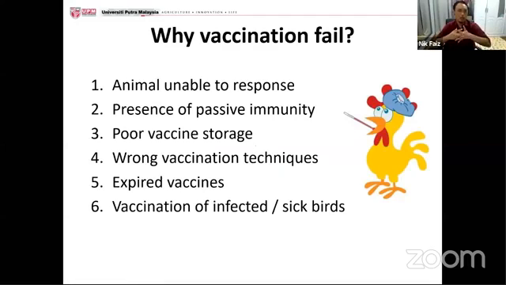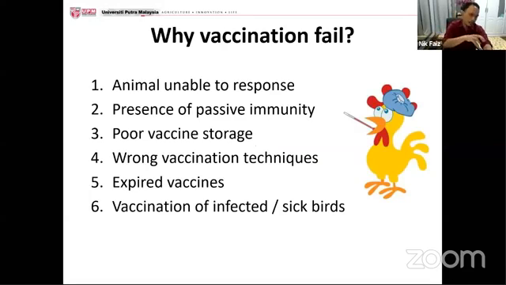And you may notice you will have vaccination failure on the farm. That's when you have to revise what the problem is. When it comes to vaccination failure, you have to consider that maybe some animals are unable to respond due to immunosuppressive diseases.